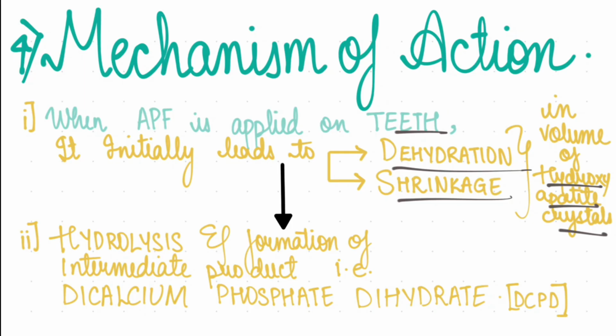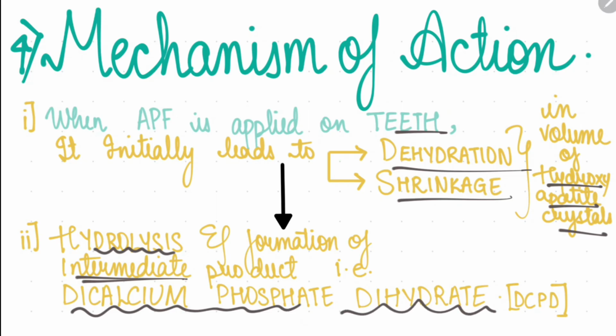Okay, so due to this, hydrolysis, which means breaking of water, and the formation of an intermediate product, which is dicalcium phosphate dihydrate, occurs. This name is very important. Whenever you are asked about the mechanism of action of APF, you should remember this intermediate product. What is happening? You are applying APF on a tooth.